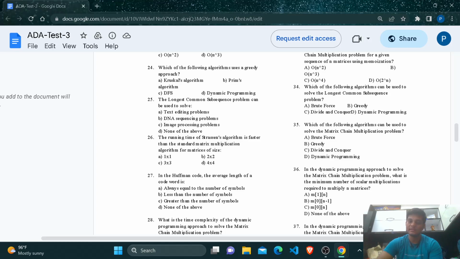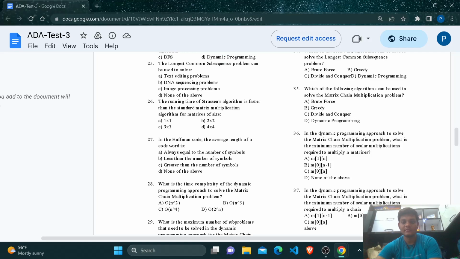So its answer is option D, that is dynamic programming approach. 35th question is which of the following algorithms can be used to solve the matrix chain multiplication problem? So its answer is dynamic programming only.